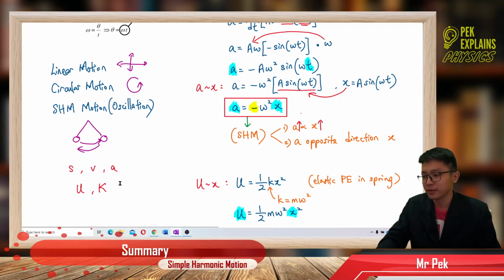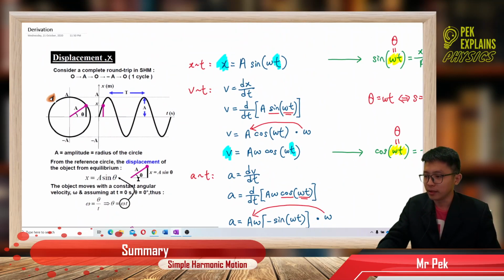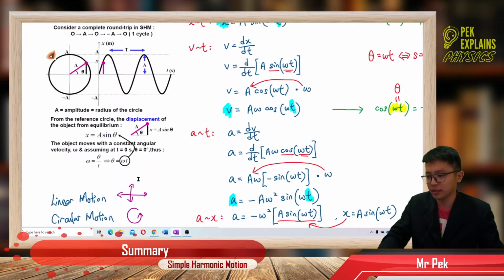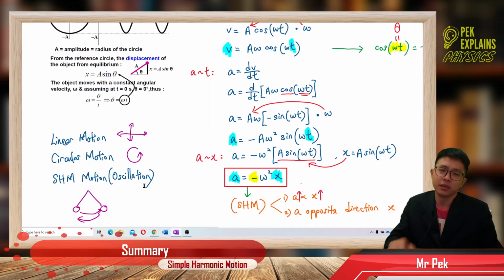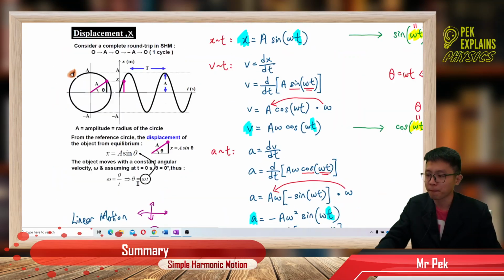So you just treat simple harmonic motion as another kind of motion aside from linear motion and circular motion. Now it is the third kind of motion, called simple harmonic motion, or oscillation.